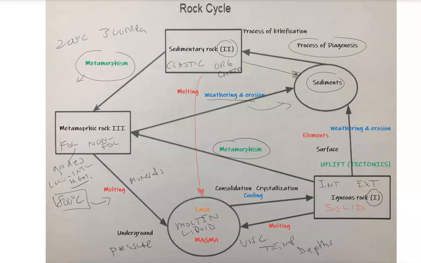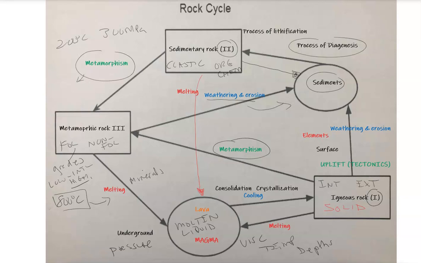To form igneous, it has to be from lava and magma, through cooling and other processes. Then, to get onto the surface, you create sediments through weathering and erosion, and the elements acting on this rock, and then sediments are going to form sedimentary rock. So you have to form sediments before you form sedimentary rock.